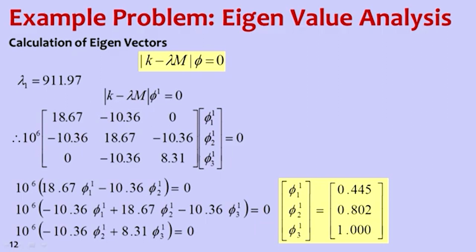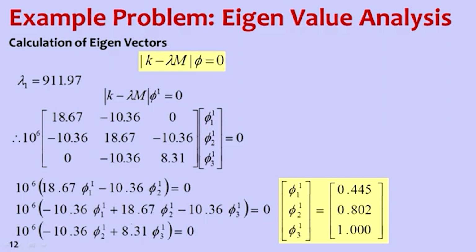So this lambda m value is already substituted here. So we got this. In the first row, 18.67 into phi 1 minus 10.36 into phi 2. This will have phi 1, phi 2, phi 3, three terms. This will have phi 2 and phi 3 terms.